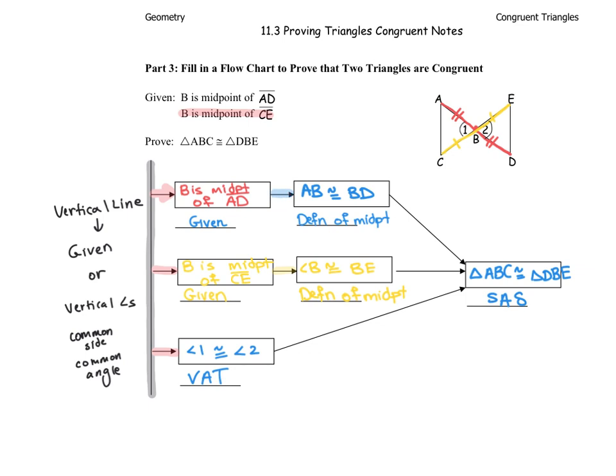These are connected because you were able to determine that AB is congruent to BD from this given. You write the reason underneath the box. Again, this is connected to this. I was able to say that CB is congruent to BE because B is the midpoint of CE. Again, you put the reason underneath the box.